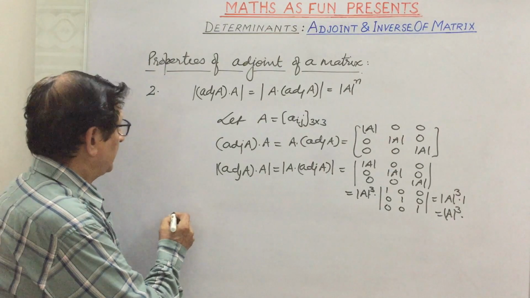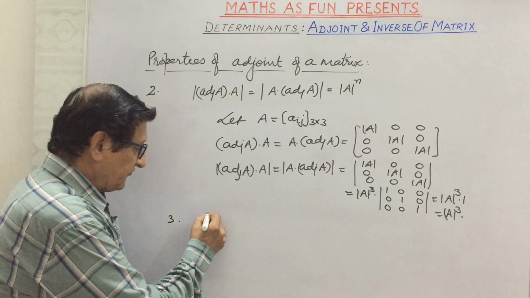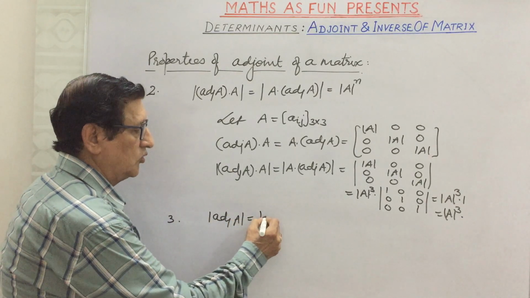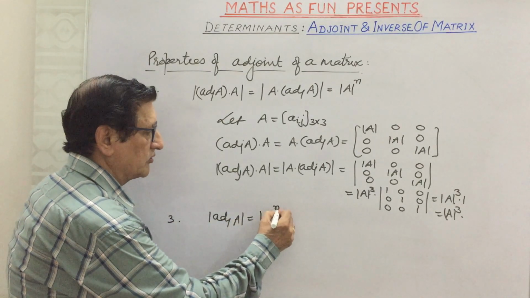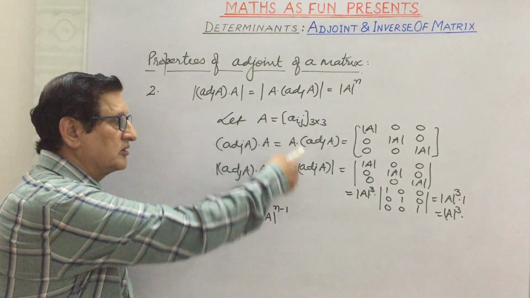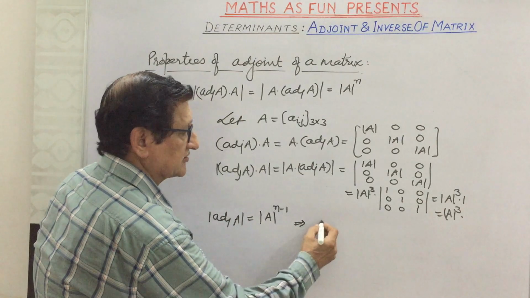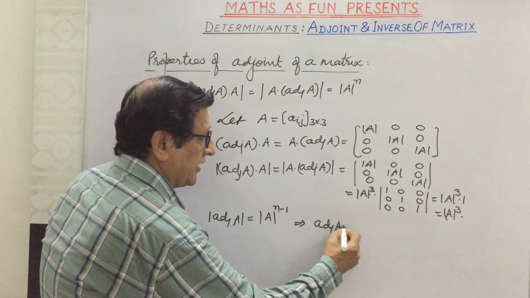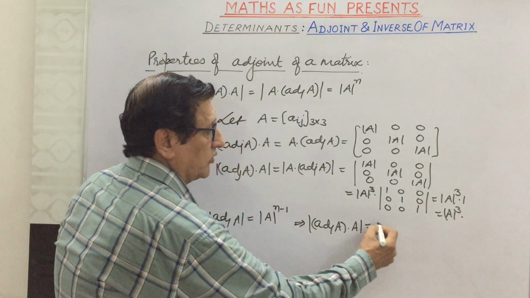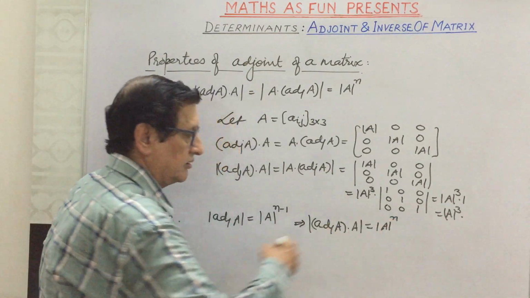The next property is that the value of the determinant of adjoint A is equal to n minus 1th power of determinant A. We can see this second property is telling us that adjoint A into A, determinant of that is equal to determinant of A power n.